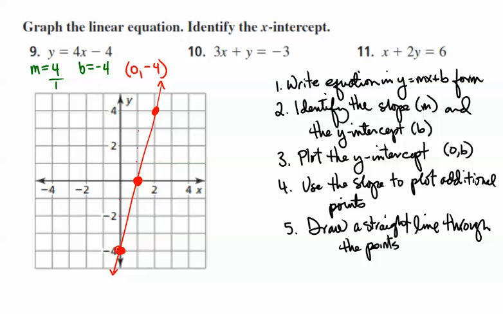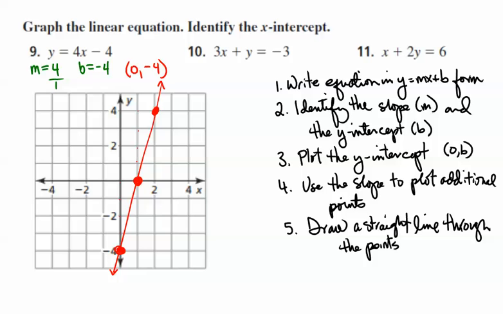That y-intercept should have been -4, so I rewrote that there. So we plot the y-intercept. Then we use the slope. The slope says go up 4 over 1. So we go up 4 on the y-axis, over 1, then up 4 over 1 again, and we can continue to do that as long as we are able to.